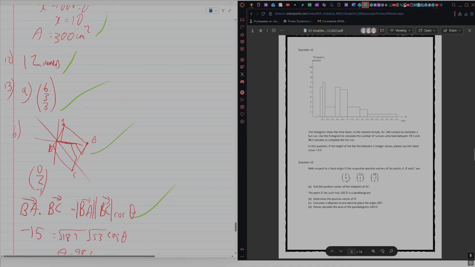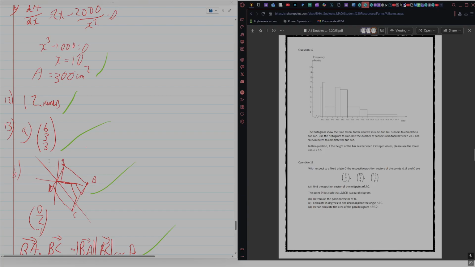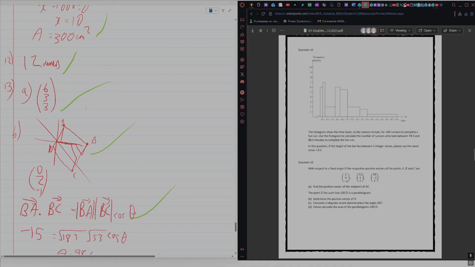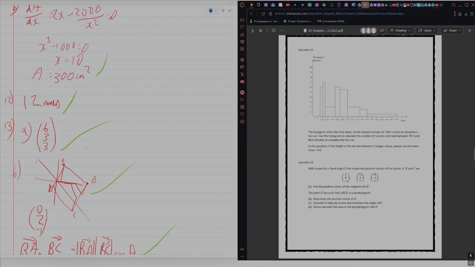Next question. This is an interesting question, actually. So what I've done, you can see from the origin, I've drawn the paths to the different vectors, and the midpoint's easy to find, and then the position vector of D is just in between A and C. What am I talking about?